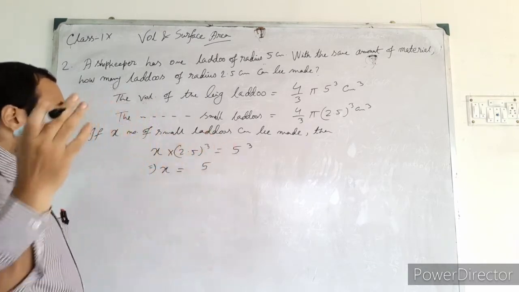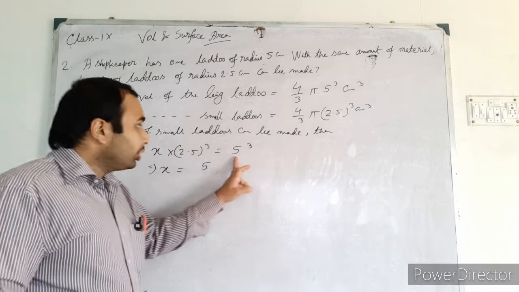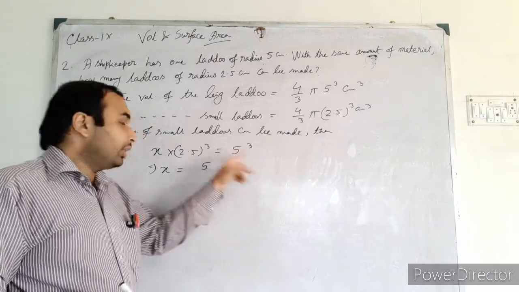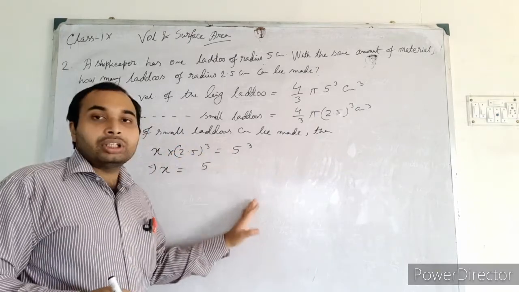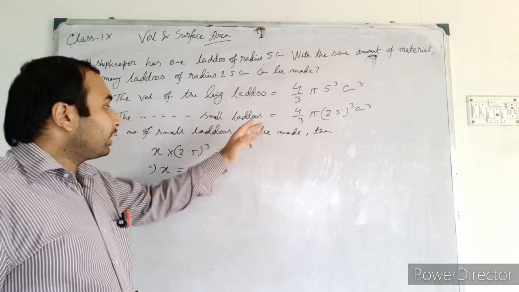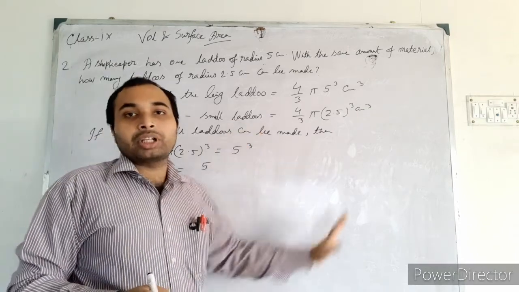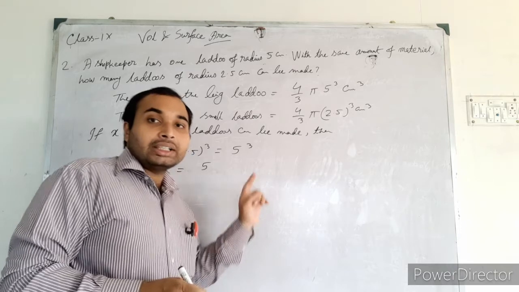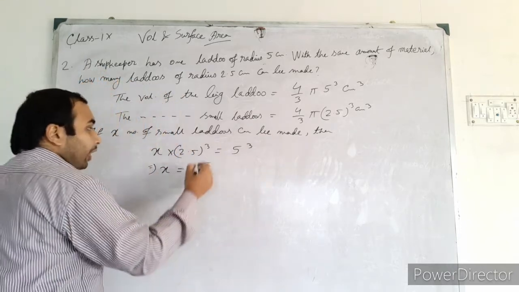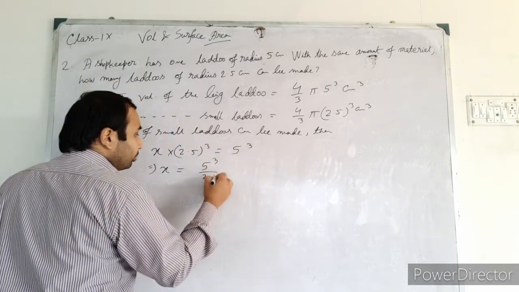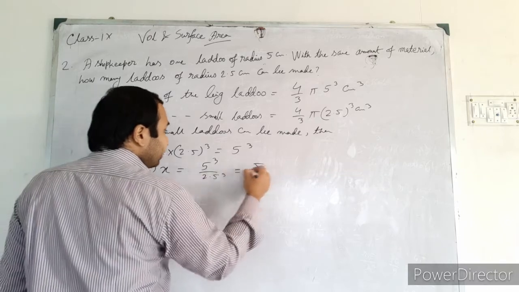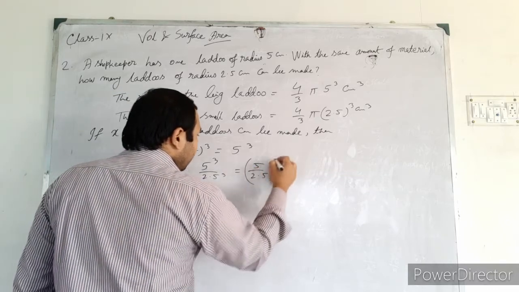Normally you will write 5 cube as 125, and 2.5 cube as 15.625, after that 125 by that, some calculations will be there. But just see how easy it is: 5 cube by 2.5 cube is 5 by 2.5 whole cube.